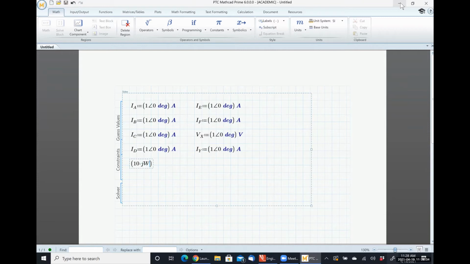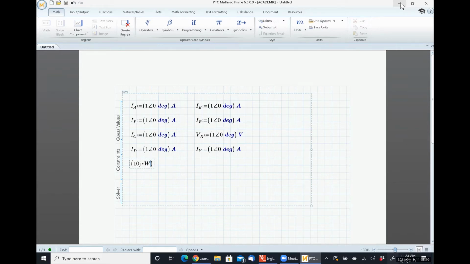It has units of ohms. It went to italics there because it assumed that the j times the omega was an odd unit. To fix that, I'm going to go back to 10j and implicitly multiply. That just means hitting the multiplication key on your numerical keypad or Shift 8. And now I can do ohms.